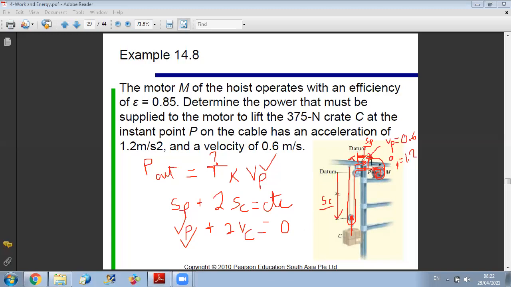Why? Because as we said, we need the tension. And to get the tension, we can take the free body diagram of the block. Because for the block, we have the weight, W, and we have the tension here, I will call it T2. Can you tell me what is the relation between T2 and T?